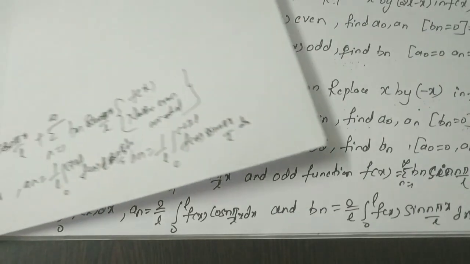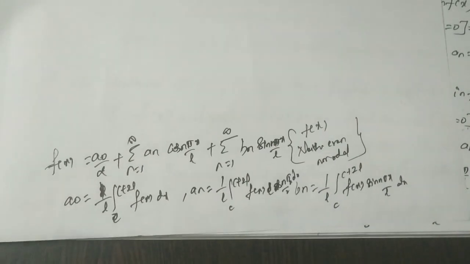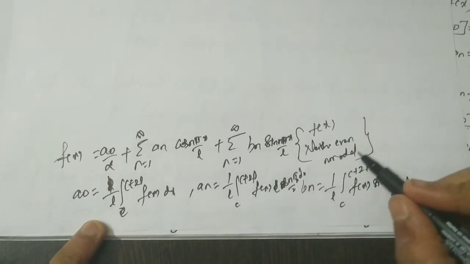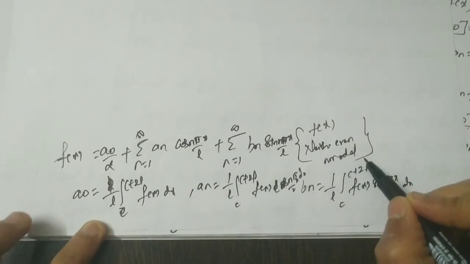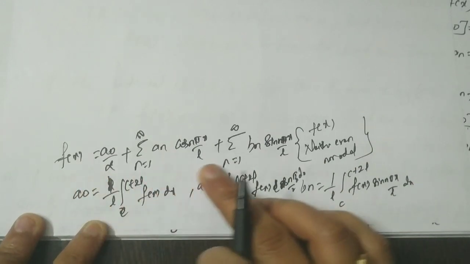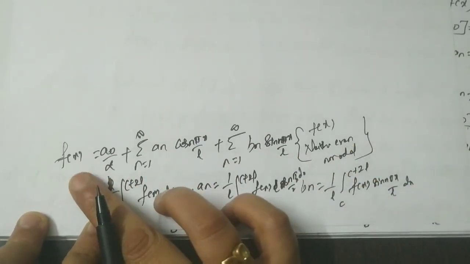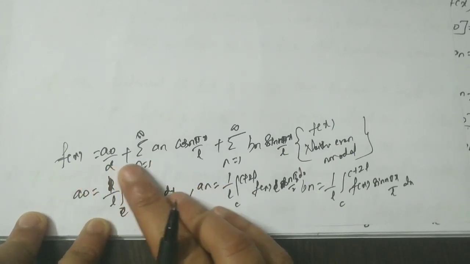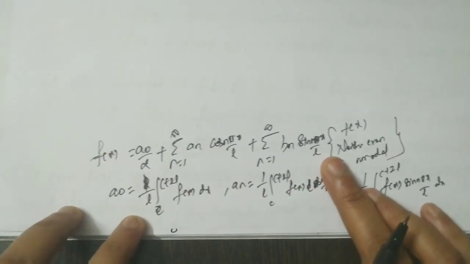Why? Because when we say the function has a0, an and bn, this is what we call the neither even nor odd case. You can find all a0, an, bn when you are not able to distinguish whether it's even or odd. You have to find all the values a0, an and bn.